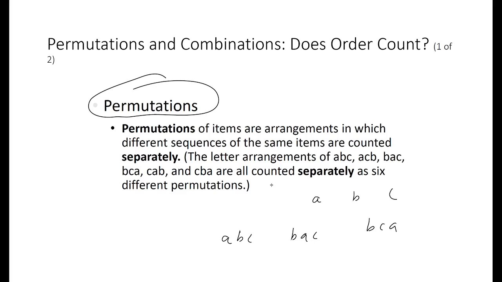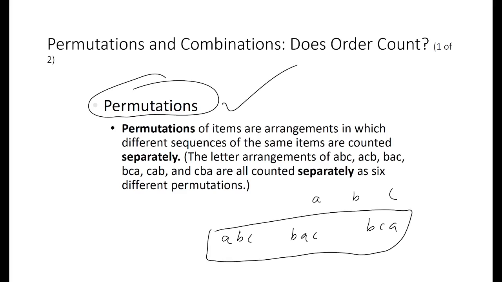Even though you can see that the letters A, B, C are appearing in each of these words, because of their order, they are considered separate words. So permutations of items are arrangements in which different sequences of the same items are counted. When we make a word from ABC, then ABC, BAC, BCA are counted as different words for the permutation.